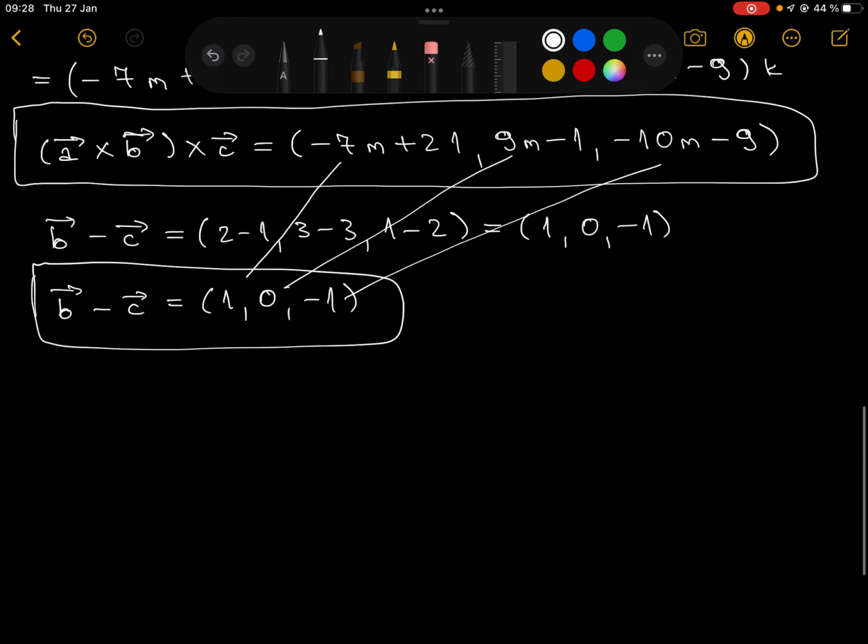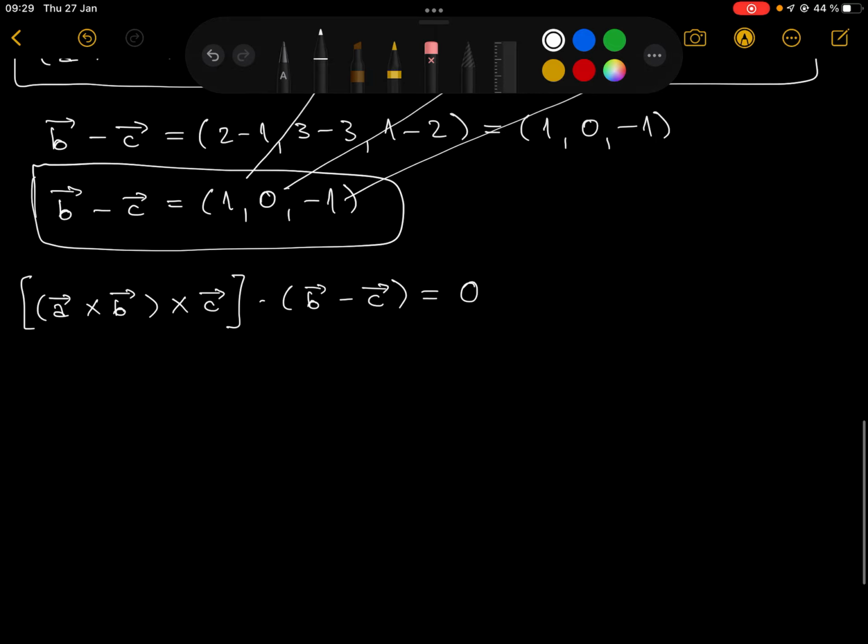So A times B, of course cross product, and that times, dot product, this time B minus C, is equal to 0.